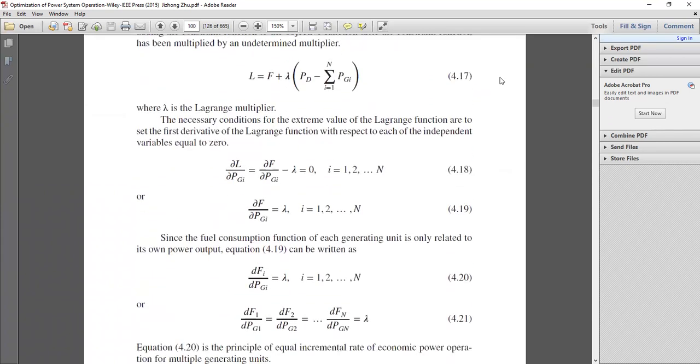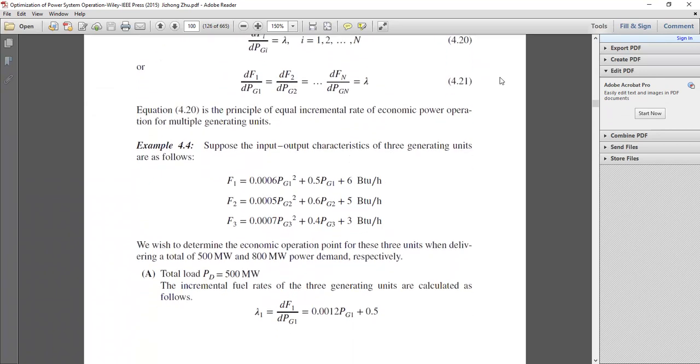Probably this is 4.4. So these are the values. This is your F1, F2, and F3. So there are 3 units, and the value of n for that example is n equals 3. Then you have F1, F2, and F3.